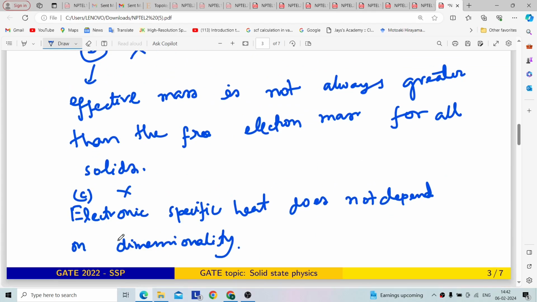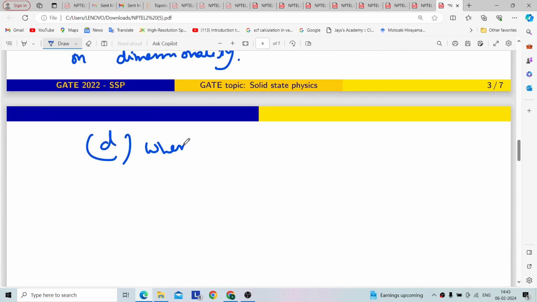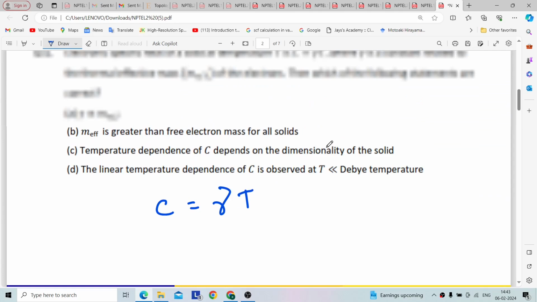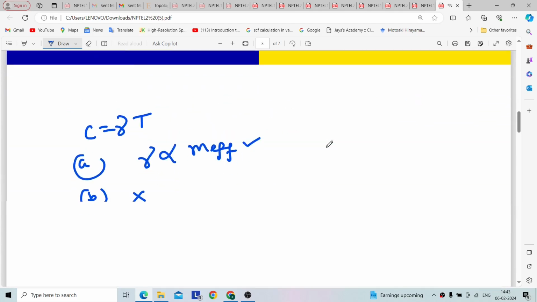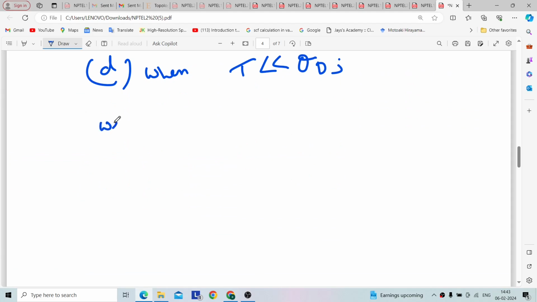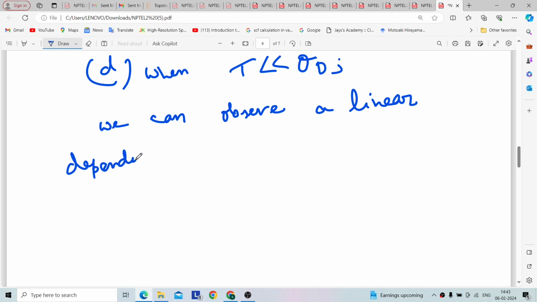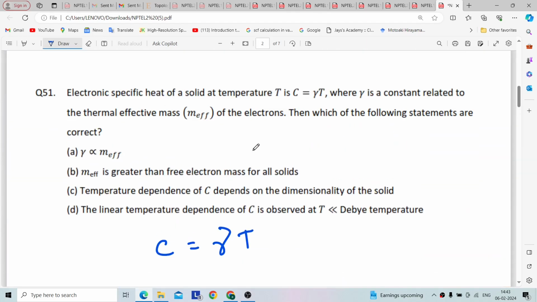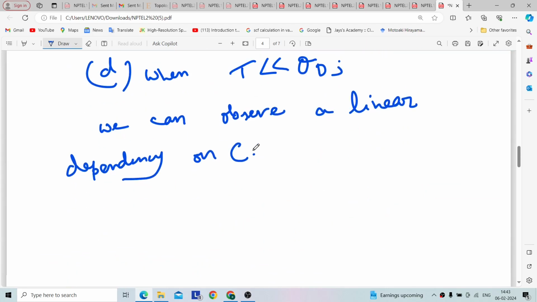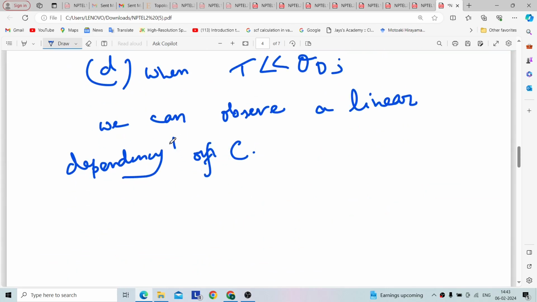And yes, when T is very less than the Debye temperature, then we can observe a linear temperature dependence of C. So that means this fourth option is correct.